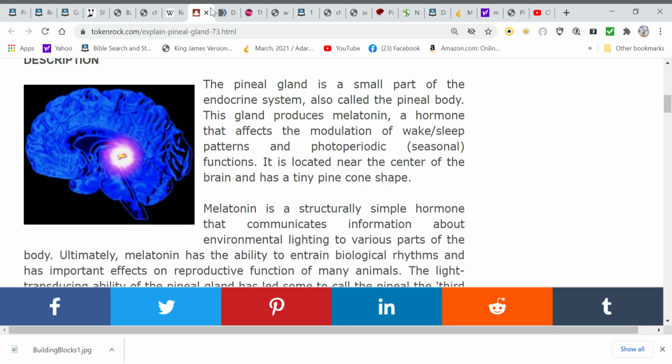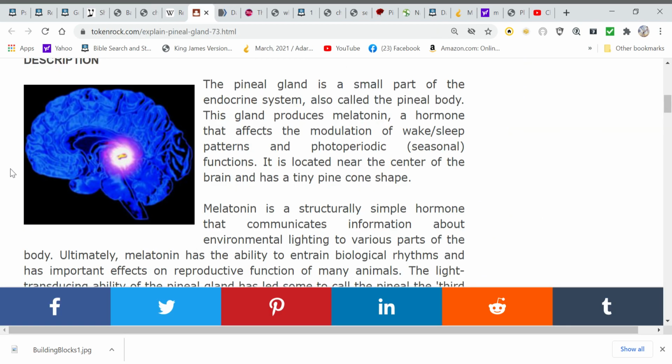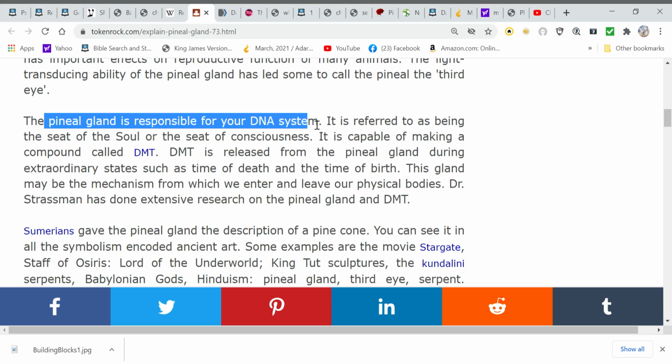I just wanted to hopefully finish up making the connection with the peatland and the building blocks, okay? Now, we had already looked in this article here and established that the peatland is responsible for your building block system.